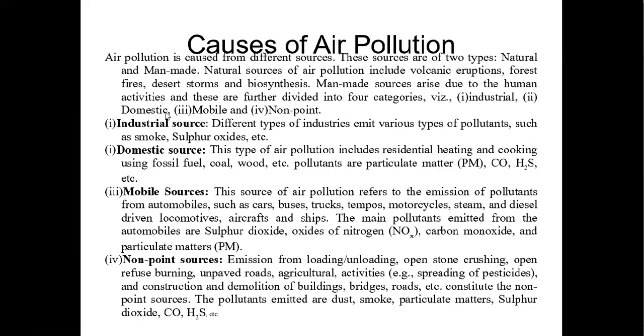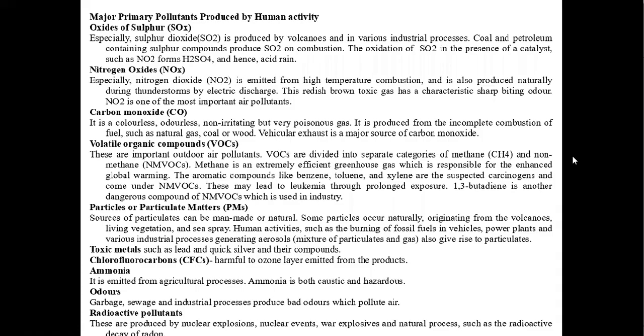Major causes are from different sources like industrial sources, domestic sources, mobile sources, and non-point sources also. Major primary pollutants produced by human activities are oxides of sulfur, oxides of nitrogen, oxides of carbon, volatile organic compounds, particles or particulate matter, some toxic metals, and also chlorofluorocarbons, ammonia, and radioactive pollutants. These are the major primary pollutants which are produced by human activities.